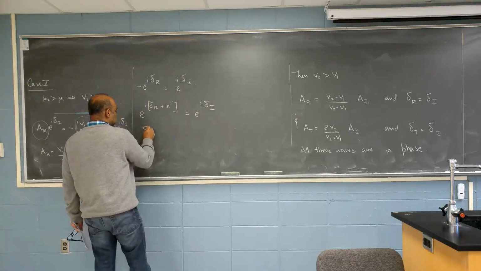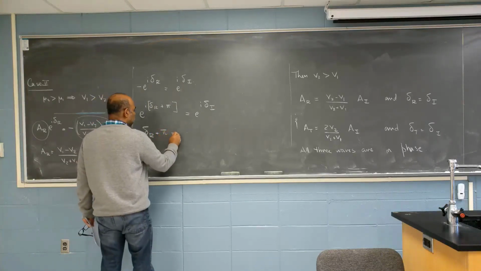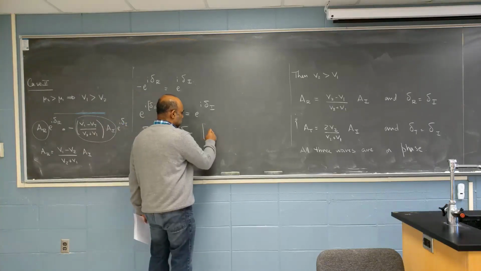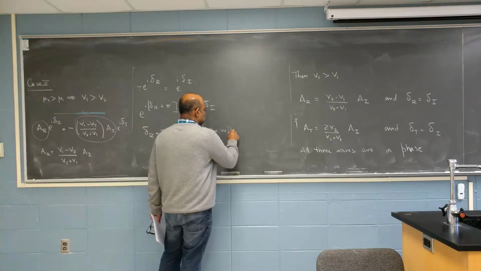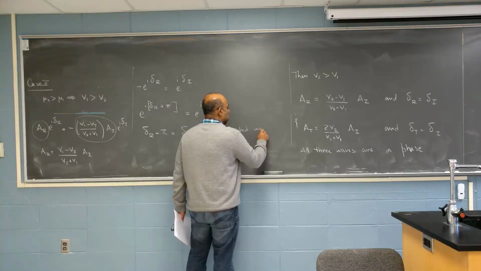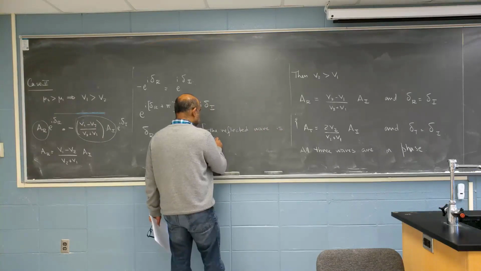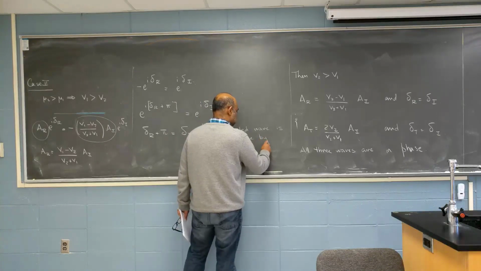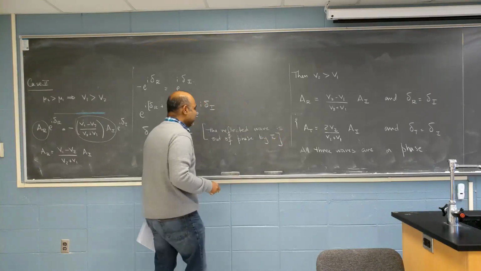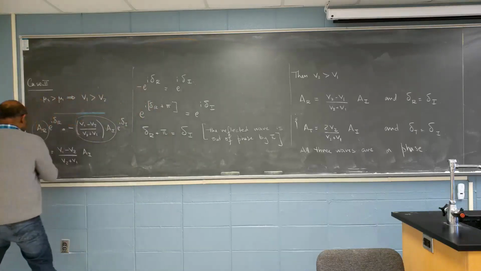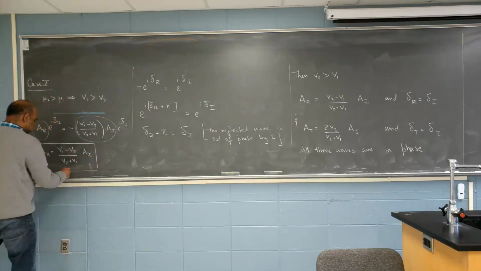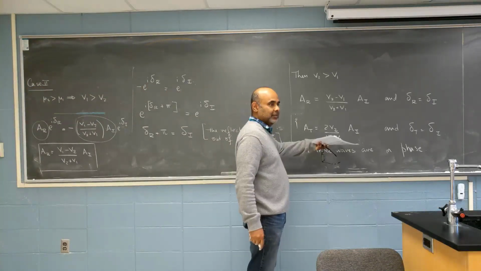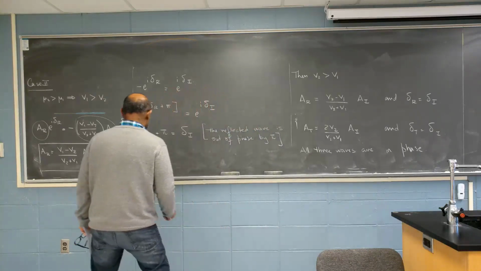That means delta R plus pi equals the reflected phase, so the reflected wave is out of phase, but nothing happens to the transmitted. Transmitted is always in phase because there's no minus sign here. So the transmitted remains the same.